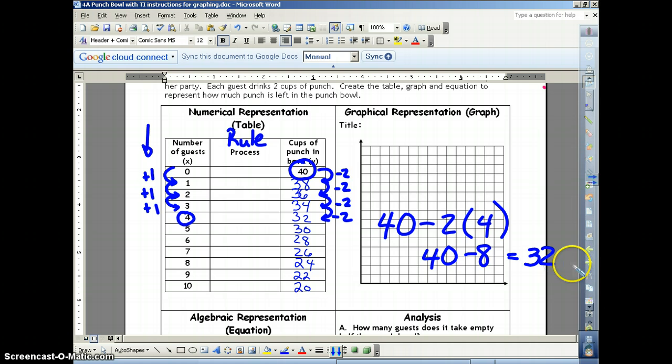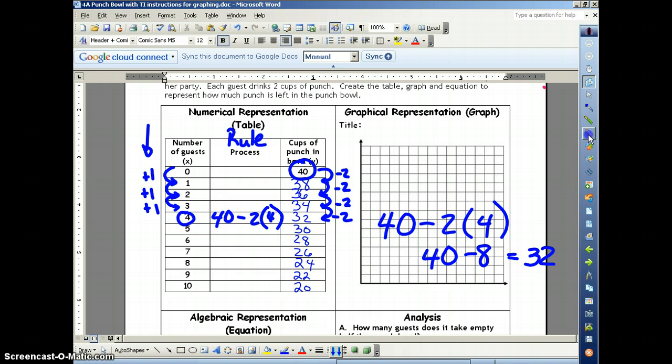Yeah, I get the 32. So you started off with 40 cups in the punch bowl, and you removed 4 groups of the negative 2, the minus 2 cups. So it's minus 2 times 4. So 2 times 4 is 8. If you take 40 and subtract 8, you get 32.